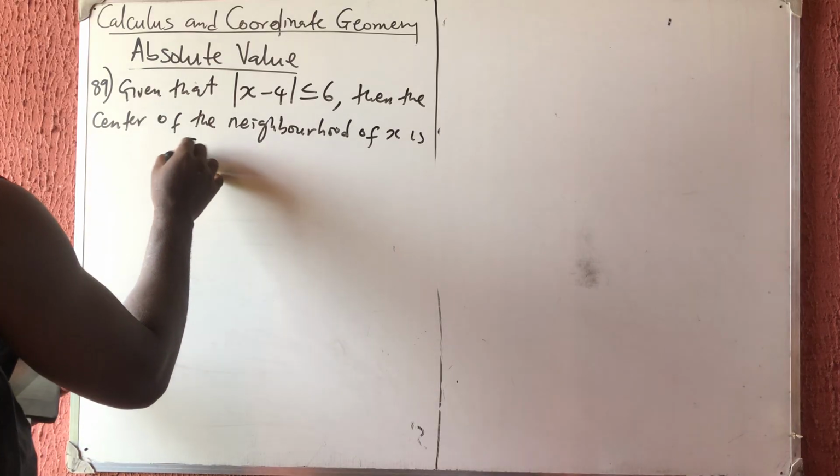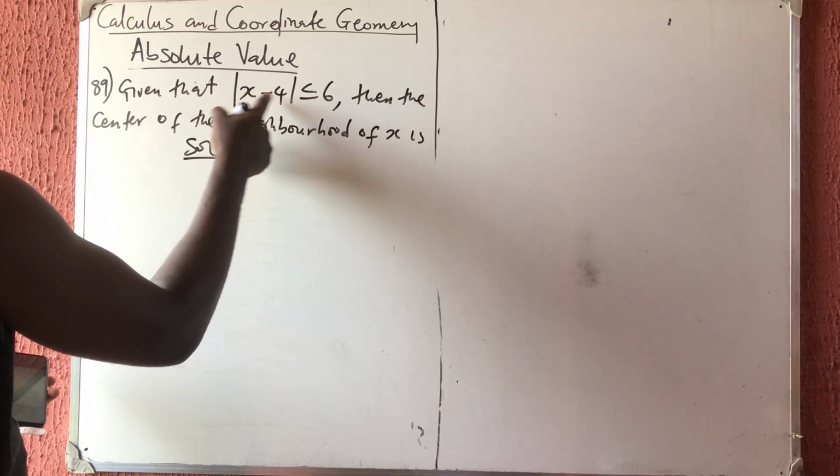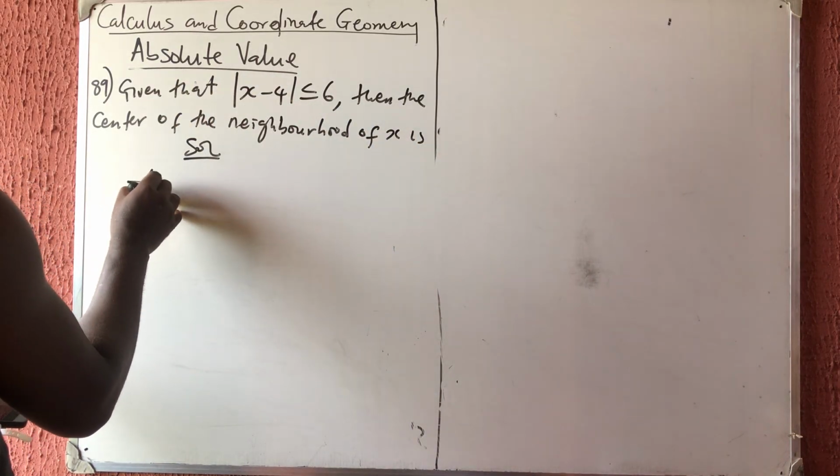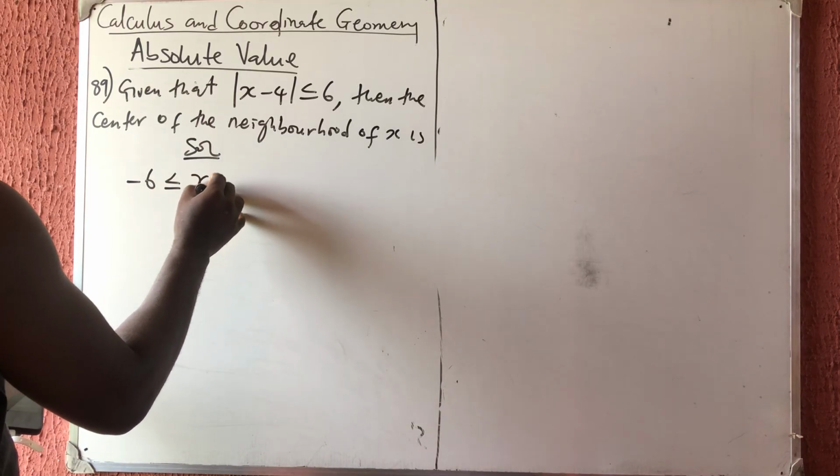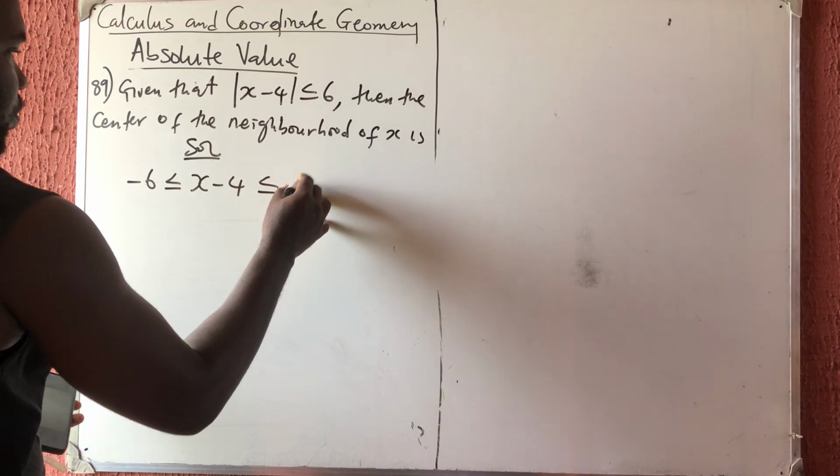The same method, it does not change. So to remove this line, we say that minus 6 is less than or equal to x minus 4, which is less than or equal to 6.